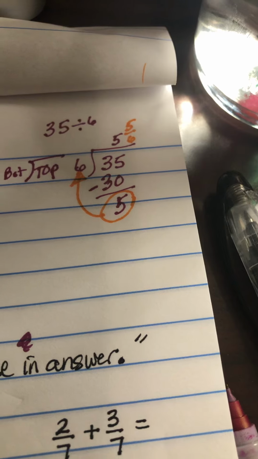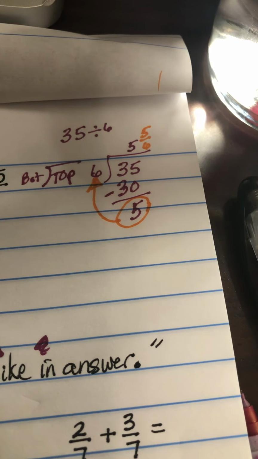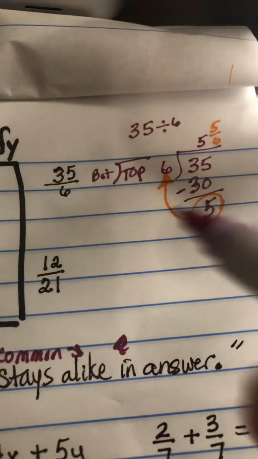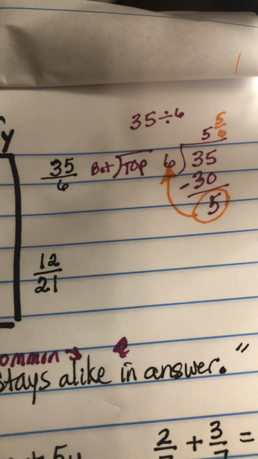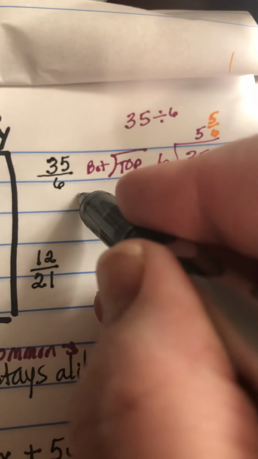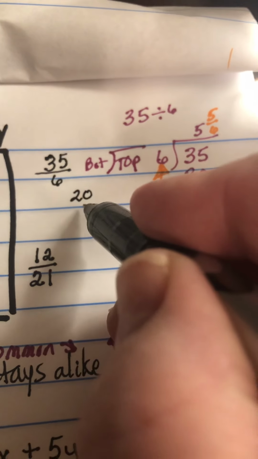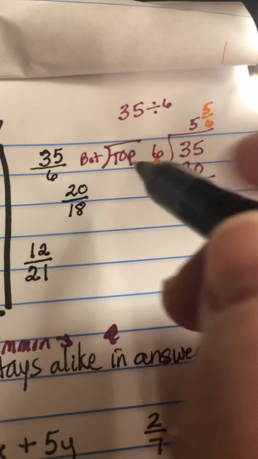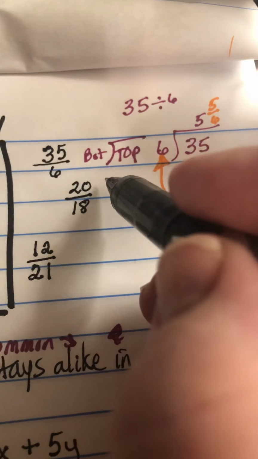Now, if the question says that you can't have mixed numbers, then you want to go ahead and shrink it up the best that you can, but don't take it this far. So like if I had, let's say, 20 over 18. So it's still a big one on top.